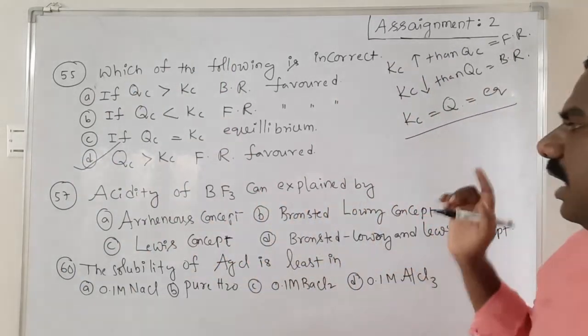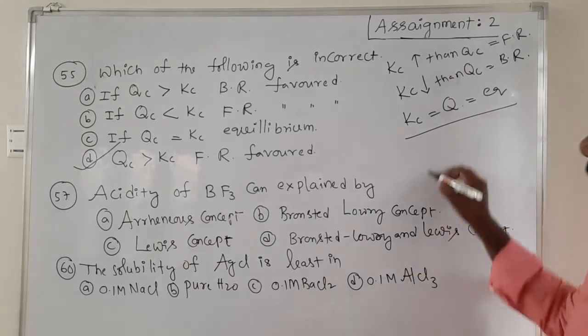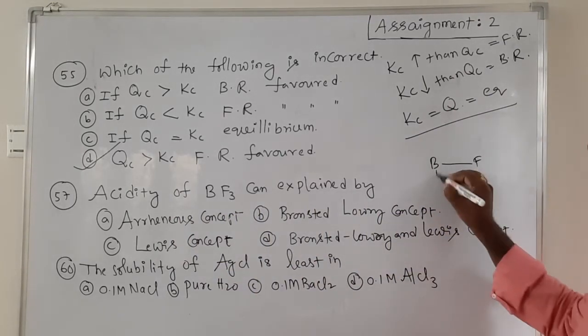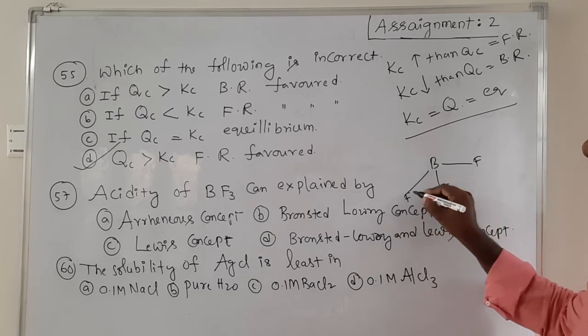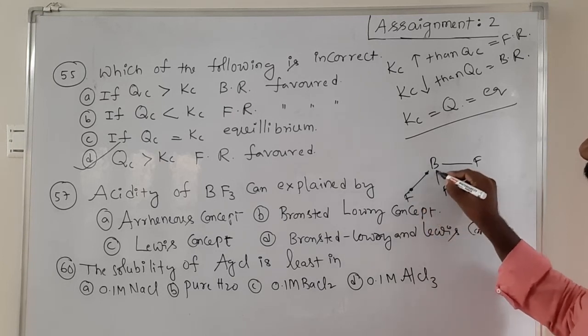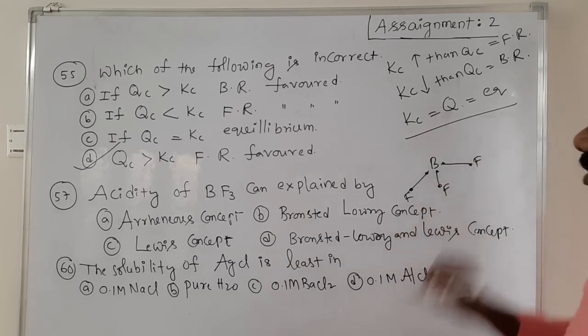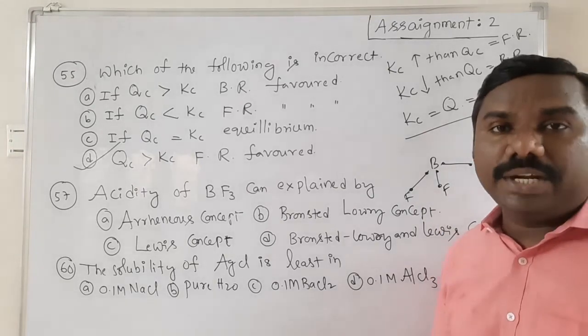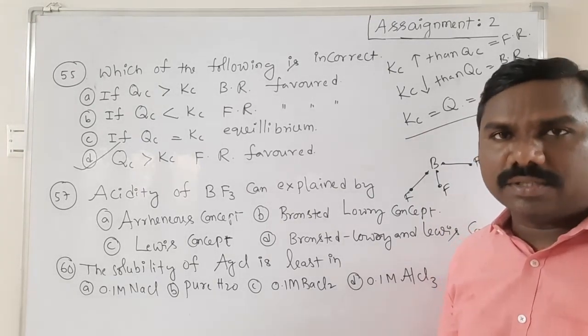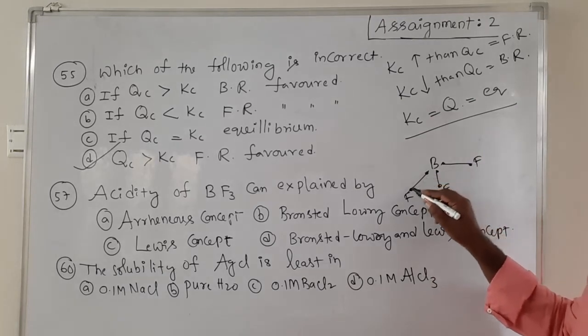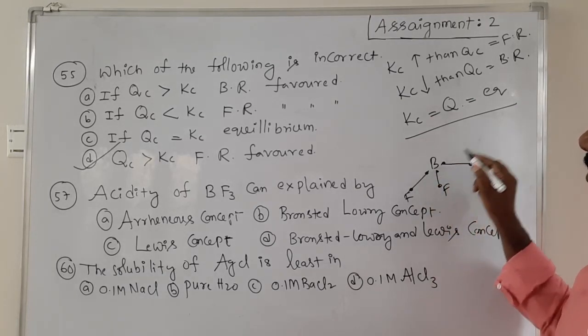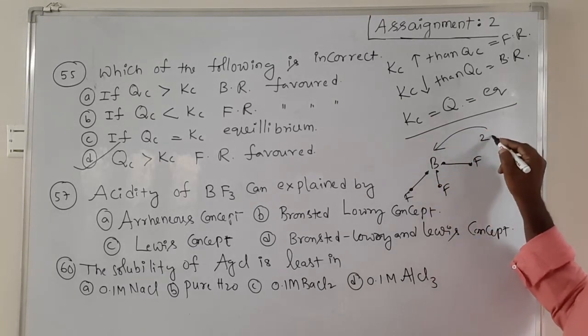Acidity of BF3 can be explained by this: boron forms 3 bonds. There are 1, 2, 3, 4, 5, 6 electrons around the boron. Incomplete octet. Octet means 8 electrons, but here there are only 6 electrons. To complete its octet, it will gain 2 more electrons.